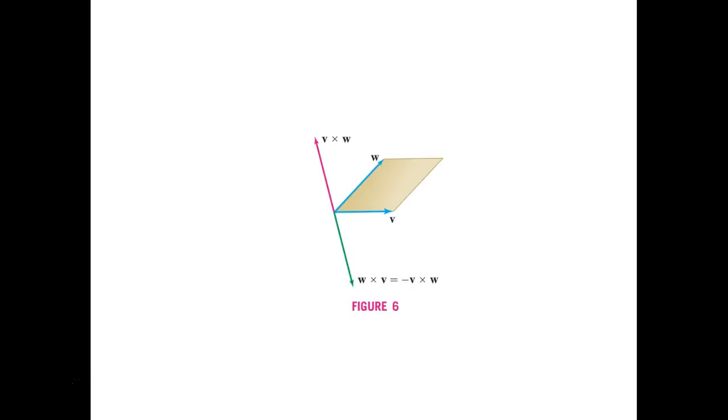It has to be because this forms a plane, and the cross product has to be perpendicular to that plane, so the only other option would be this way or that way, and they have to be exactly opposite each other, and of course the magnitude is the same because the magnitude of V, the magnitude of W, sine of the angle in between, so you've got to have that. No way around it. Okay.